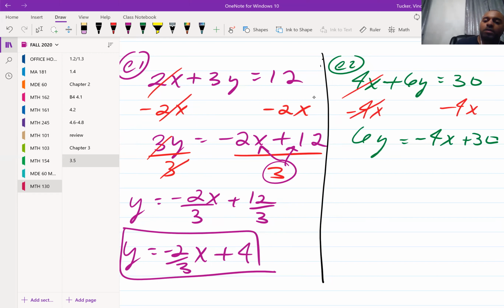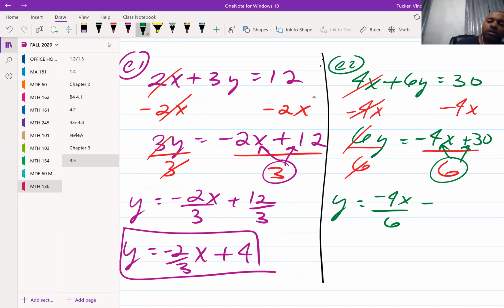Divide by 6. Once again, this bottom number needs to go into each term in the numerator. That negative 4 over 6 can reduce down to negative 2 over 3. 30 over 6 is 5.